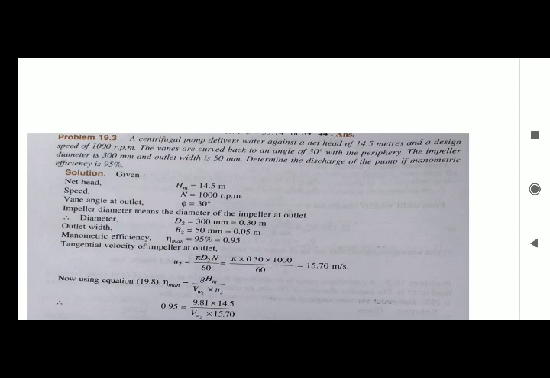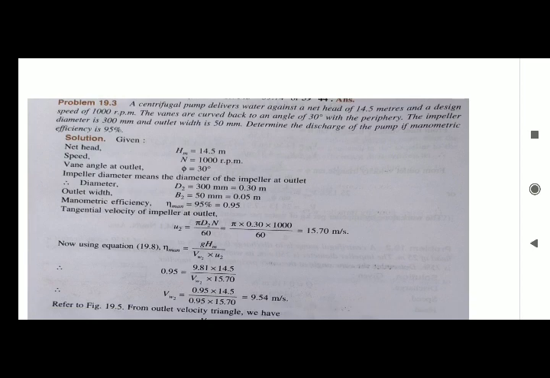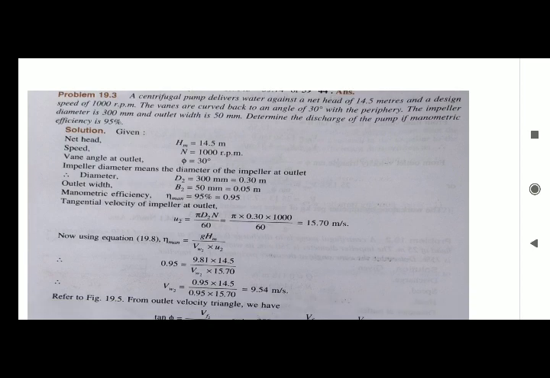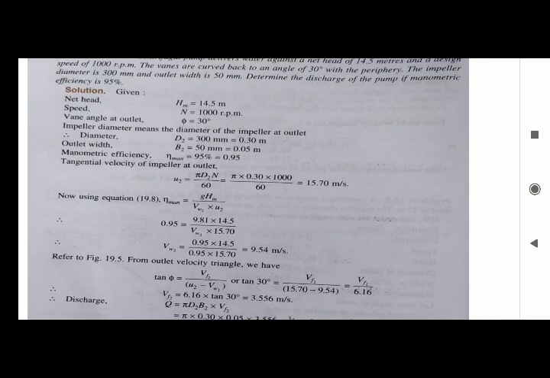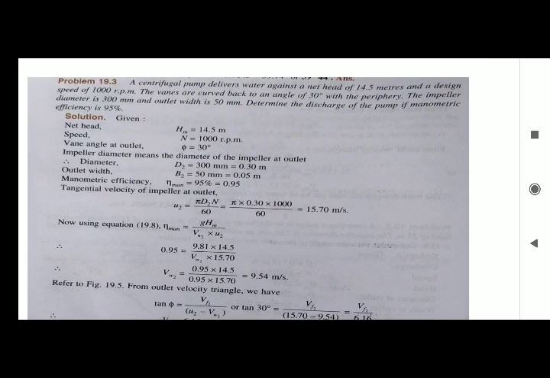We know what manometric efficiency is: manometric efficiency is equal to gH divided by VW2 U2. Out of this, I know the formula for U2. What I need is discharge. For finding discharge, I need flow velocity. Flow velocity is not given here.